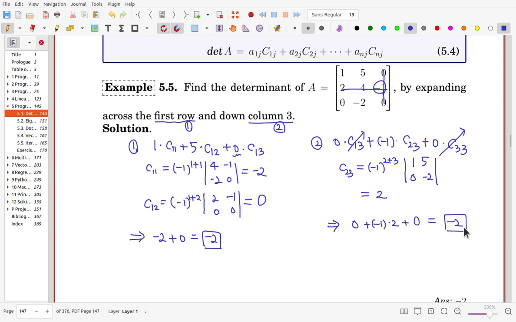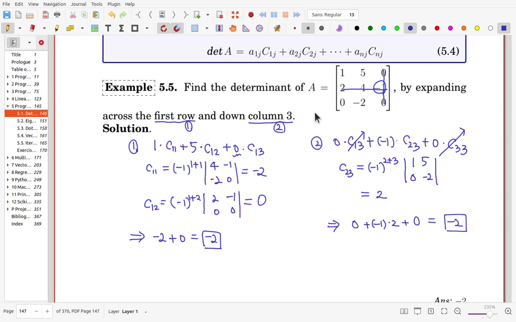So we got the same result. Here the observation is that to get the determinant of a 3 by 3 matrix, we need the determinants of some 2 by 2 matrices. So to get 3 by 3 determinants, we combine the determinants of 2 by 2 matrices. That's the first observation.